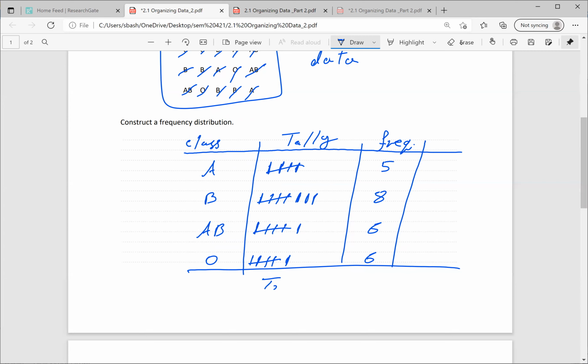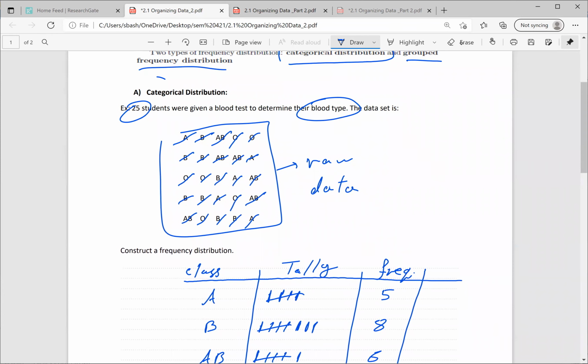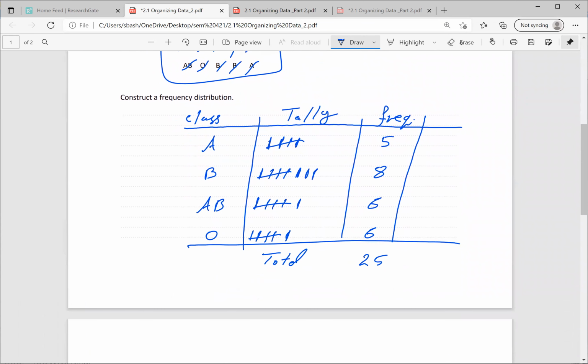Now the total for this one, we add all the frequencies, and they are 25. We go back to the question, where we said that we have 25. So I must have 25 as the total of the frequencies.